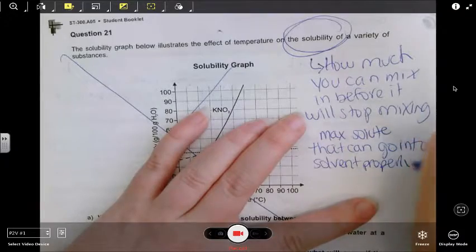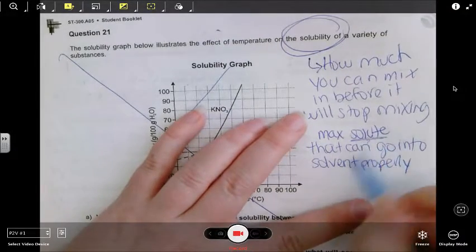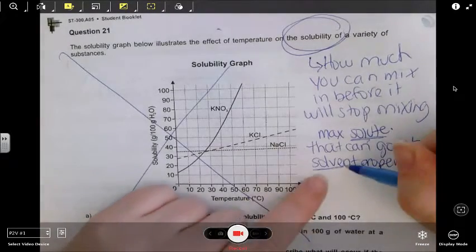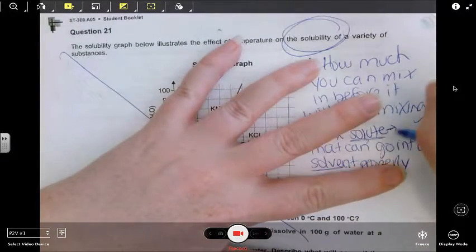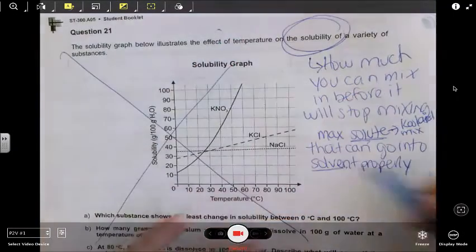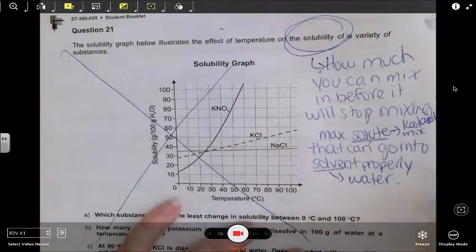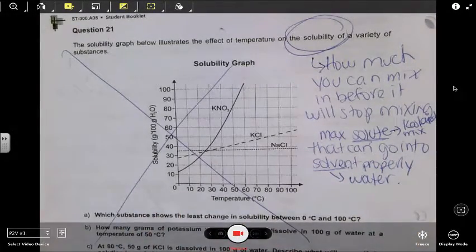You do need to know solute and solvent. The solute is the part you're mixing in, the thing that's mixing. So this would be your Kool-Aid mix, and the solvent would be water. So you do need to know solvent and solute.